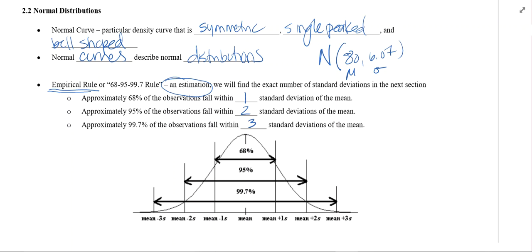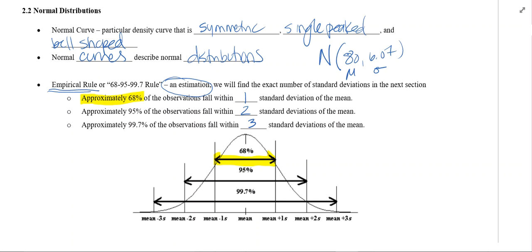So let's look at this. 68%, that is the middle 68%. If here's the mean, my middle 68% of my data is right there.